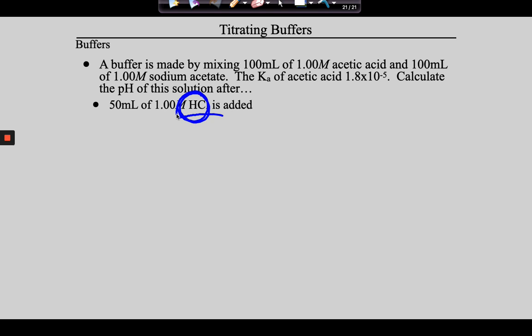So guys, in order for us to think about that, we need to know how many particles of both the weak acid and the conjugate base, how many particles of those do we have? So to do that, we need to do some dimensional analysis. Guys, this is a back of napkin calculation, but it is something the AP graders expect you to represent. I'm going to do it.